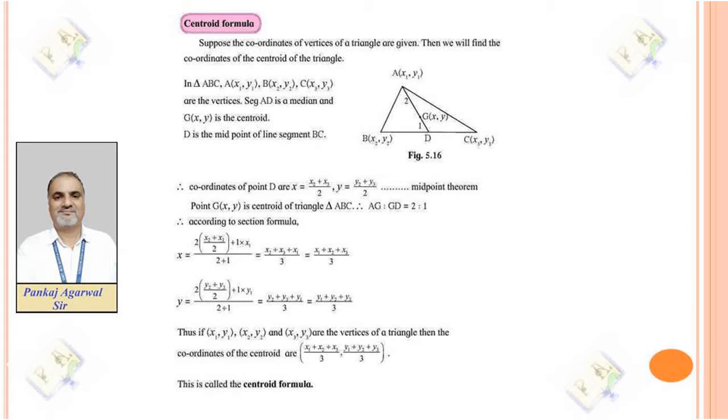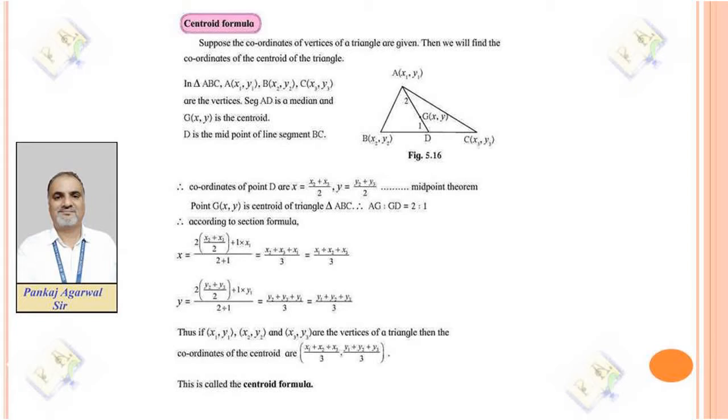The x coordinate will be (2 × (x2 + x3)/2 + 1 × x1) / (2 + 1). On solving, I will get (x1 + x2 + x3)/3. In the same way, the y coordinate will be (y1 + y2 + y3)/3.